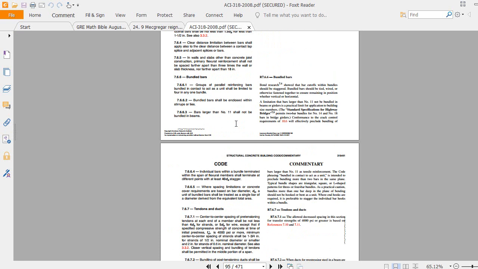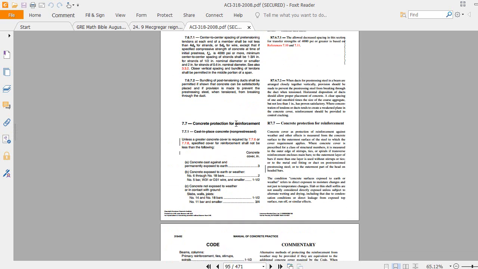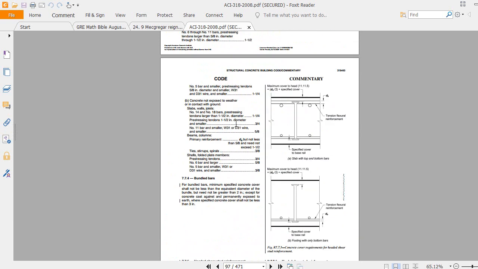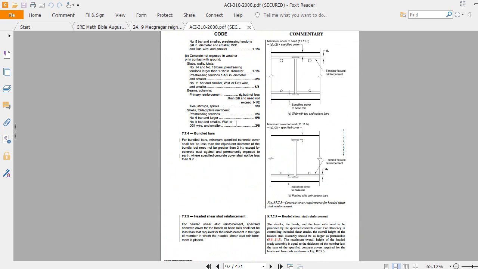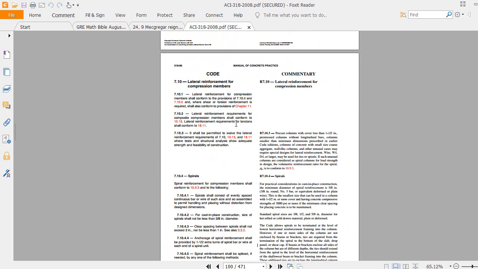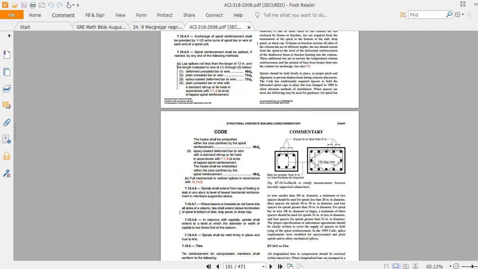I will discuss the spacing limitation later, but here I want to show you this 0.0018. So where is it?